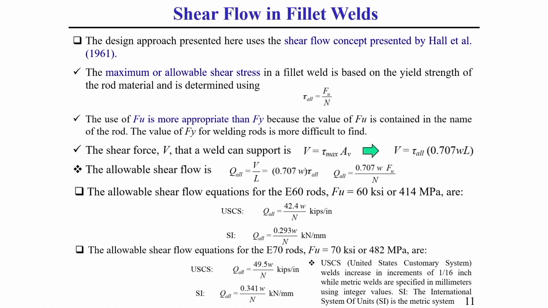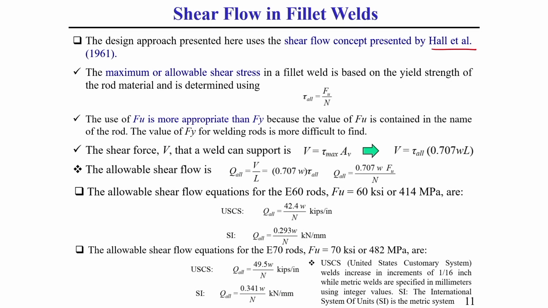Allowable shear stress I have already shown. Now I am going to discuss allowable shear flow, because allowable shear stress is now known to you. What should the allowable shear flow be? It is the allowable shear stress multiplied by the throat thickness. This concept for calculating allowable shear flow was generally presented by Hall et al. in 1961, long back.